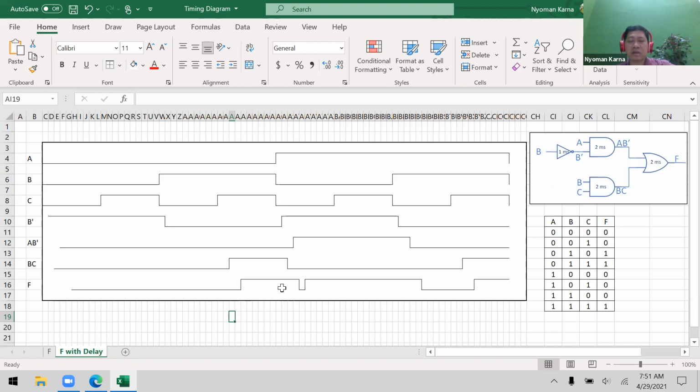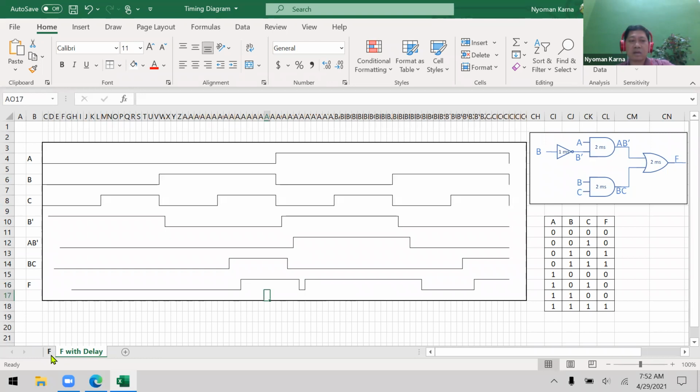However, in here, there is a glitch. This will be called a glitch, because it's supposed to be a flat 1, 1, 1, but there is a glitch in here, because there is a 0 in here, because there is a delay created by the B0.